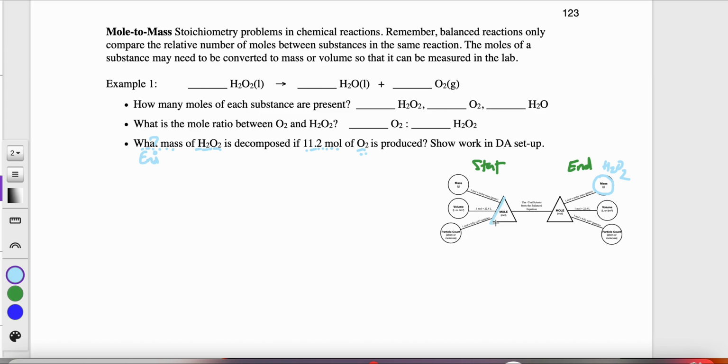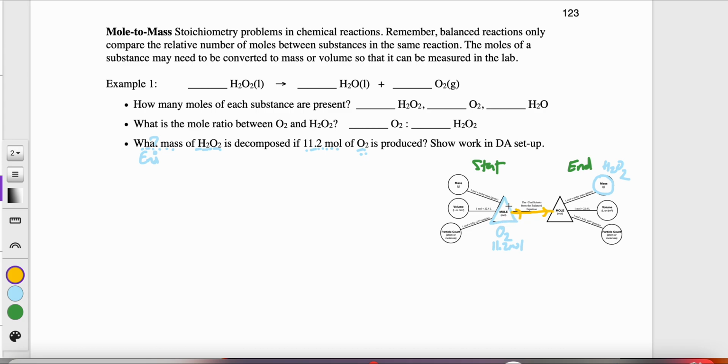So I'm starting in the left-hand box of moles, and the moles belong to oxygen, and I have 11.2 moles of oxygen. I need to get to H2O2. So now I just need to follow the road path.